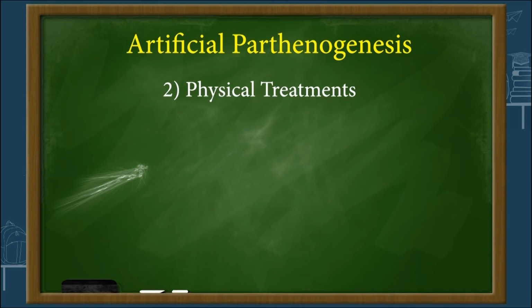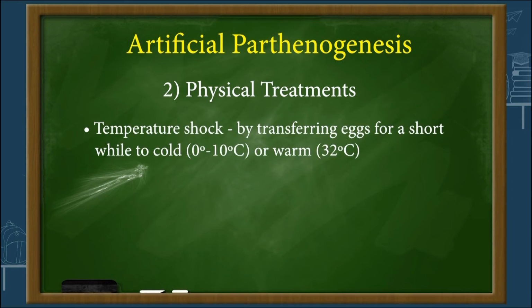In the physical treatment, the matured eggs can be treated by giving temperature shock. That means by transferring the egg for a short period of time to a very cold temperature, or they can be treated at a warmer temperature, that is above 32 degrees Celsius.